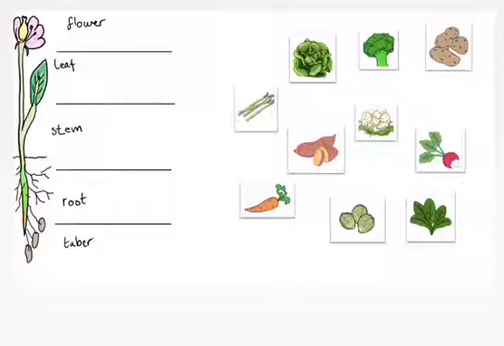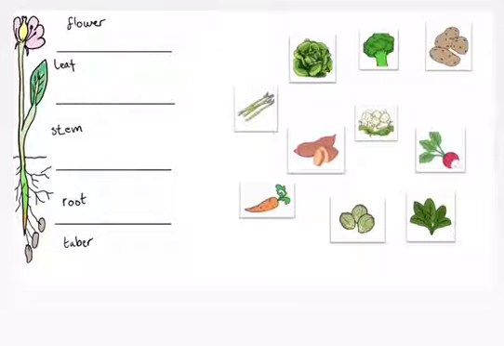So here I've got some vegetables that we often eat. They're either going to be a flower, a leaf, a stem, a root, or a tuber. Now, if you remember the lesson on roots, there were different types of roots, but often a root system would have that big tap root in the middle, and that's normally what we're talking about when we talk about roots.